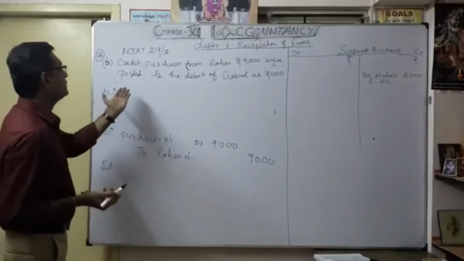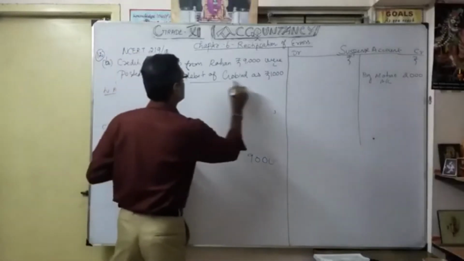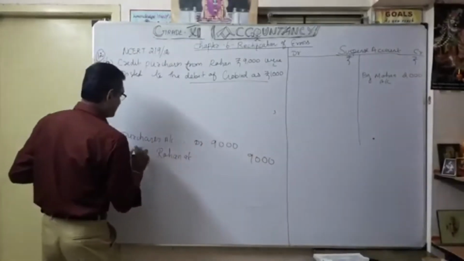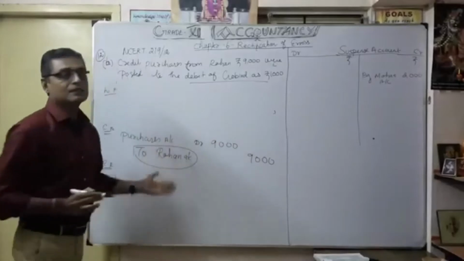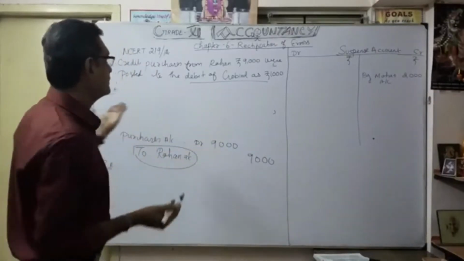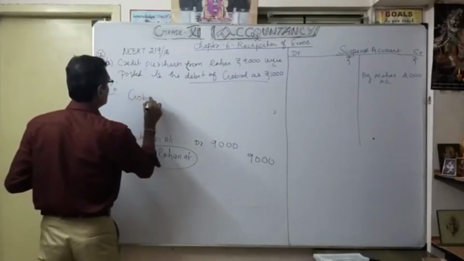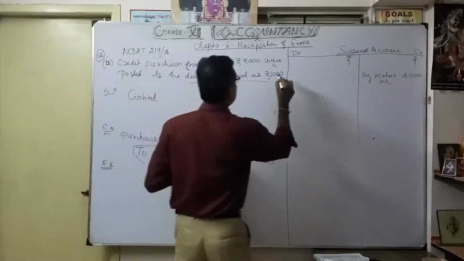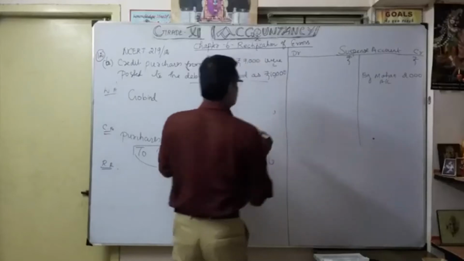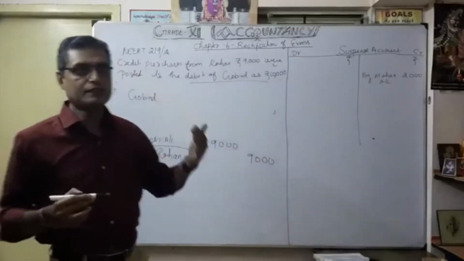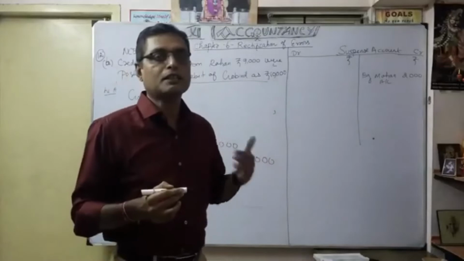But what happened? Posted to the debit of Gobind. Usually, in credit purchases we credit the supplier. But what happened? They debited Gobind, as 10,000. So the amount is also wrong, and the supplier is also wrong, on the debit side.